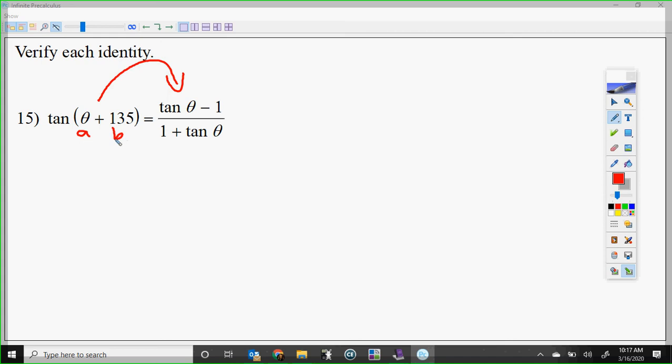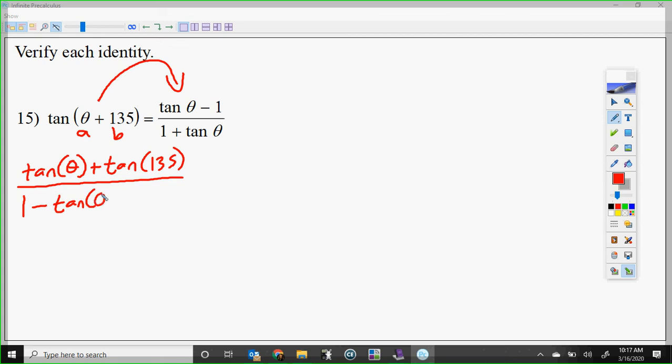Our tangent identity is tangent of A plus tangent of B, all over one minus tangent A tangent B, with the opposite sign on the bottom. A is theta, B is 135. Well, 135 is on my unit circle, tangent's not, but sine and cosine are.